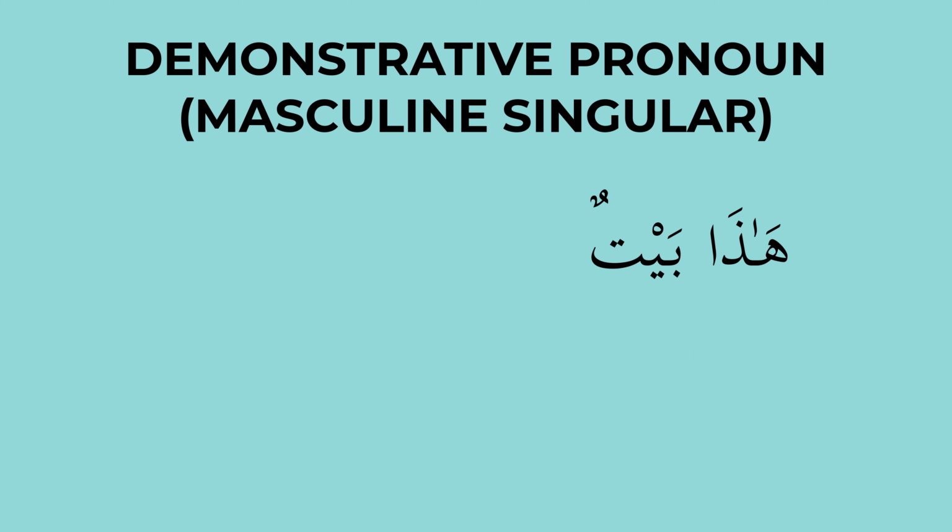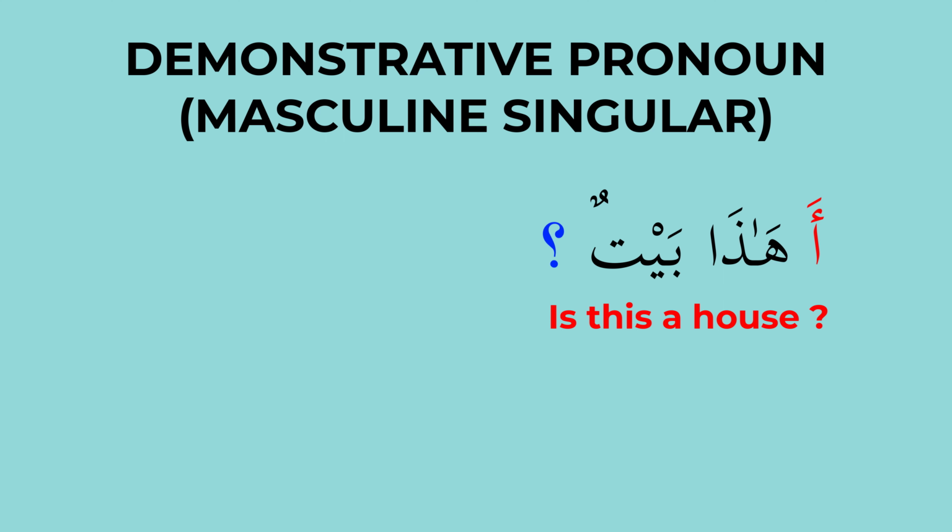By just putting Hamza. What will you say now? Ahadha baytun. But then you will have to put a question mark, and you have to even change your tone. Ahadha baytun. You are asking a question, so your tone has changed.